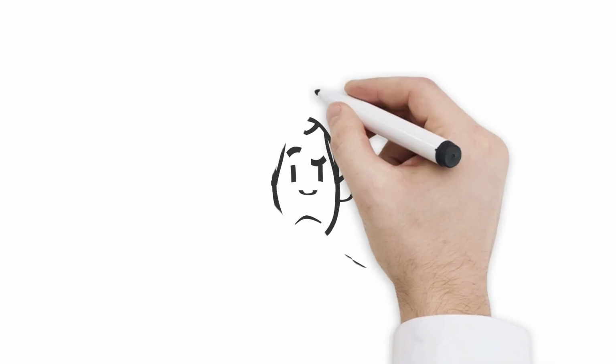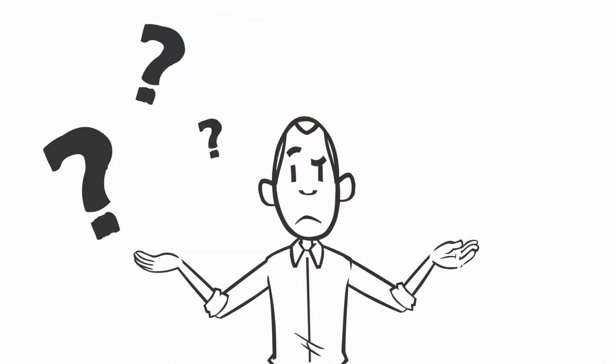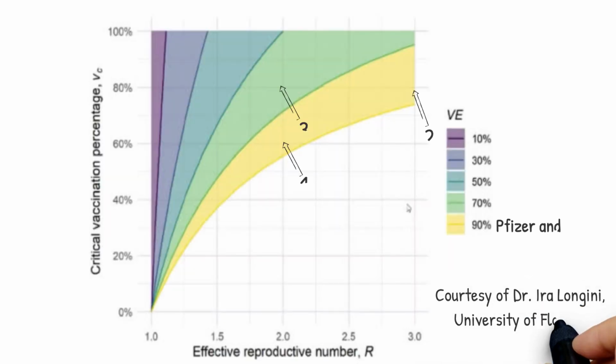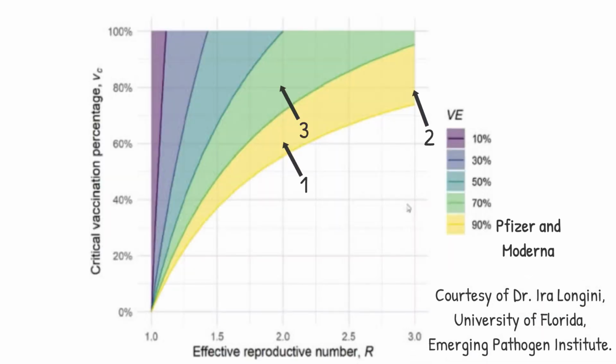A final question. How many will need to be vaccinated to achieve herd immunity? This graph relates efficacy of the vaccine and R0 to the ability to extinguish the spread of infection during the epidemic. This graph illustrates how these two key determinants interact.